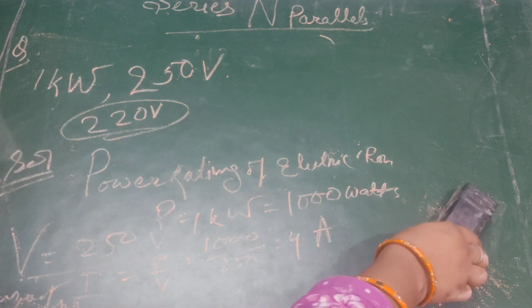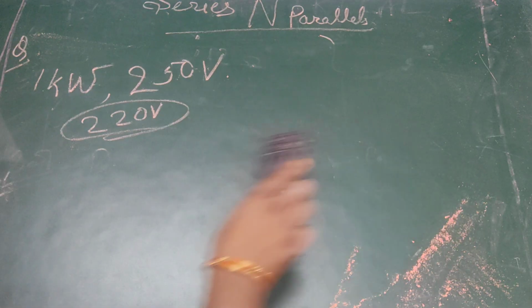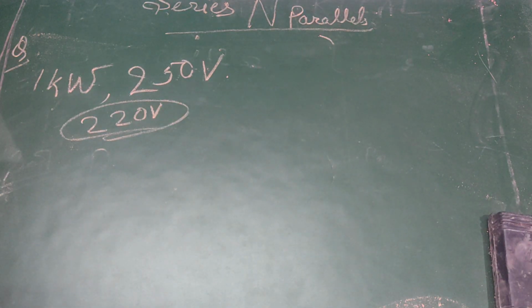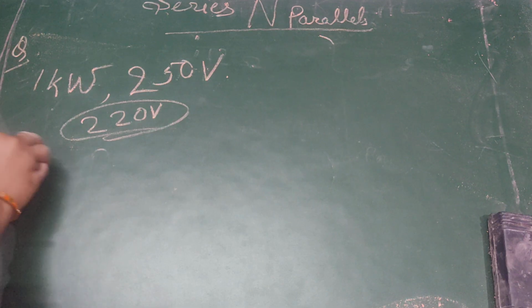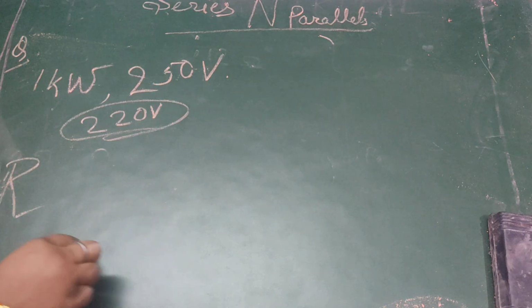Next step, resistance of the electric iron R. I am not writing all these things, I am just giving the symbolic form.